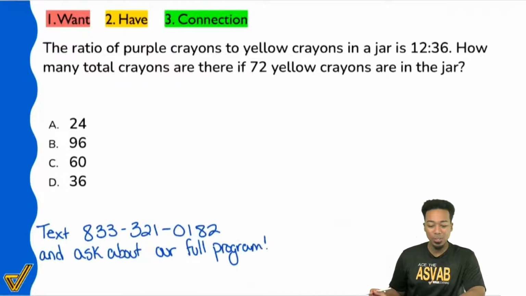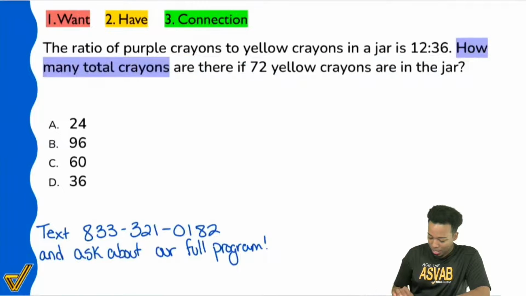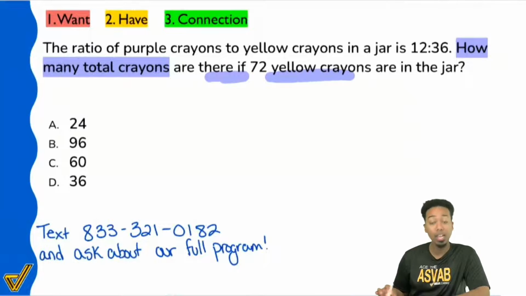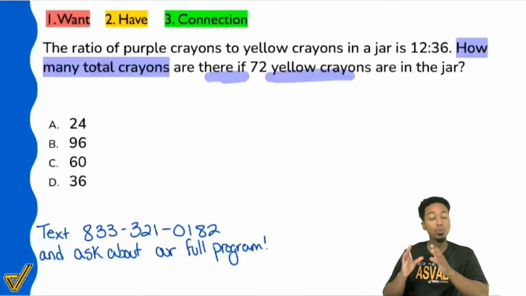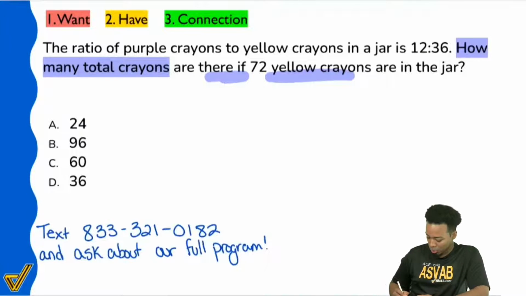Here we go. So the question here says, we are trying to find how many total crayons if we have 72 yellow. As always, everybody, when it comes to proportions, we do want to make sure that when we're trying to find whatever it is we're looking for, we're setting the proportion up based off of the question sentence. Here's what I mean.